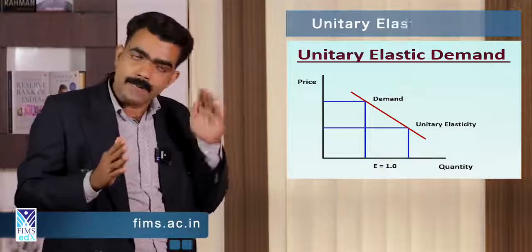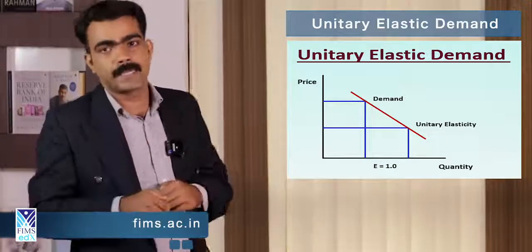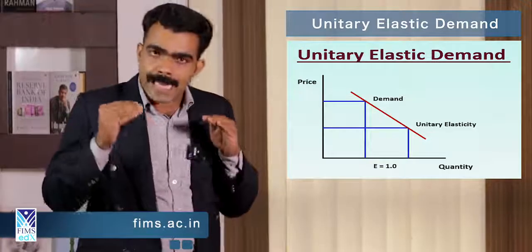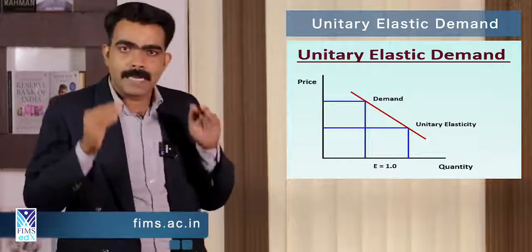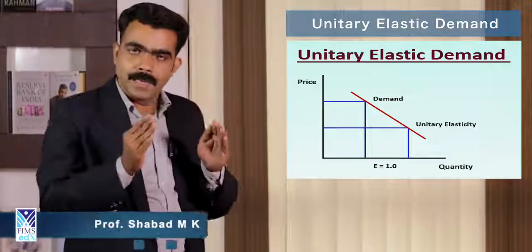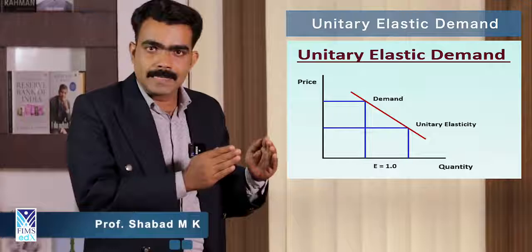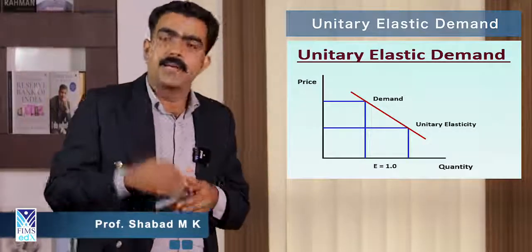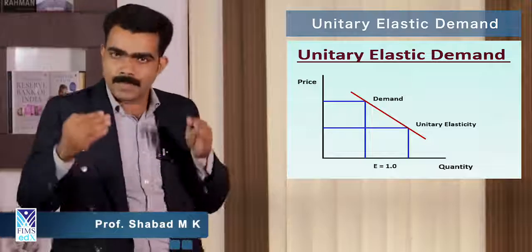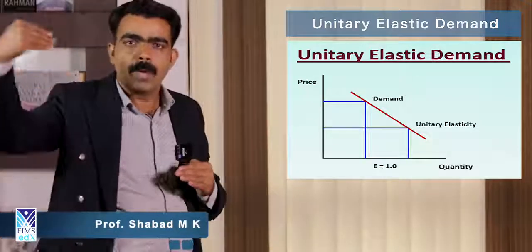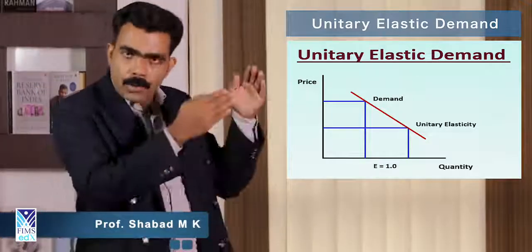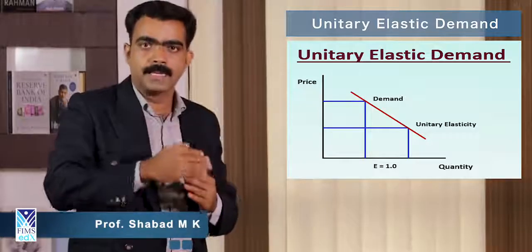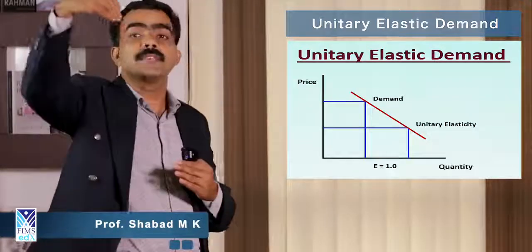The third one is the most realistic, known as unitary elastic demand. Unitary elastic demand means an equal change in your price level is matched by an equal response in demand. For example, assume that a 20% price offer given by one retailer for a product creates the same 20% increase in sales volume.